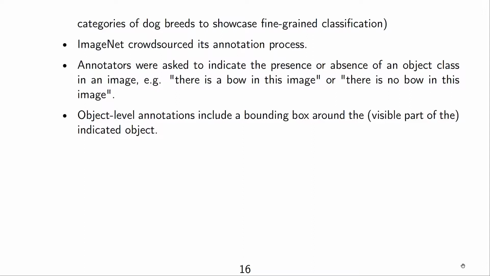And there are some object level annotations that include bounding boxes of the visible part of the indicated object. So if you want to go from image classification to object detection, then these bounding boxes are going to be very helpful. If you not only ask what is the main object in the image, but also tell me where in the image this main object is located.